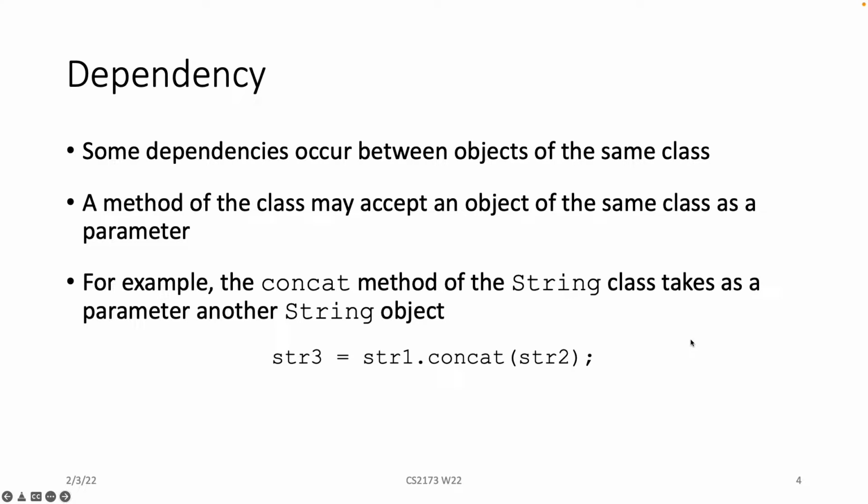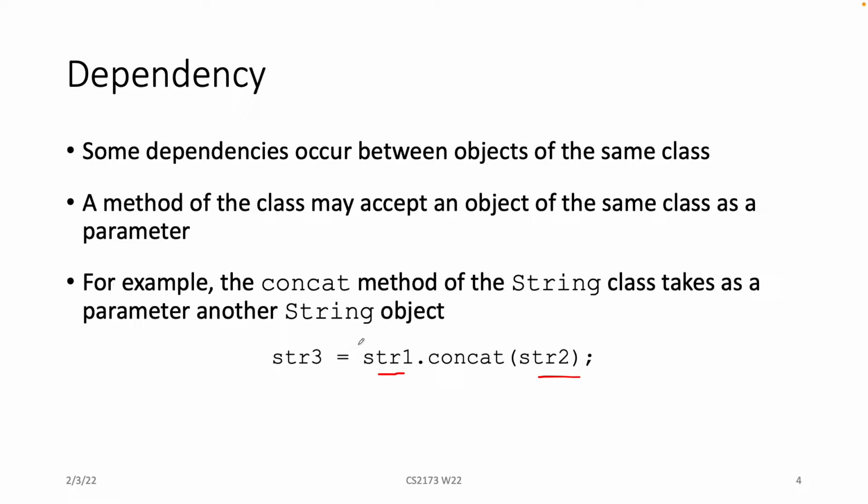So for example, here's a nice example where the dependency is kind of on itself. The example is the concat method of string, which we have seen before, where the first string, if we concat it with the second string, so this is a method of string, this is another instance of string, and the concat method creates a new string, which is basically jamming the two together and returns it.